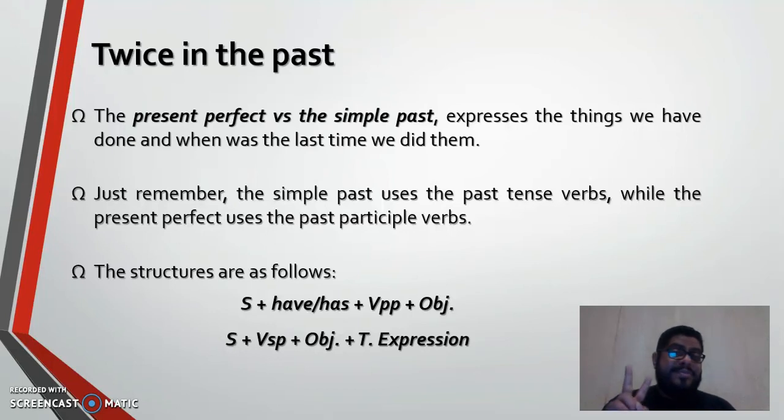Remember, we have two groups of verbs, regular and irregular. Regular verbs follow the same pattern for simple past and past participle, which is the ed ending, like worked and worked. But the irregular verbs follow a totally different pattern for the endings in the simple past and the past participle.